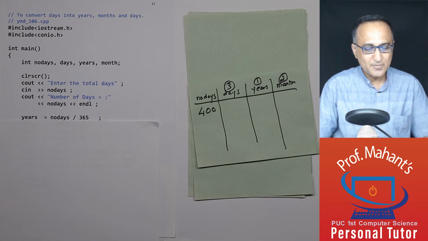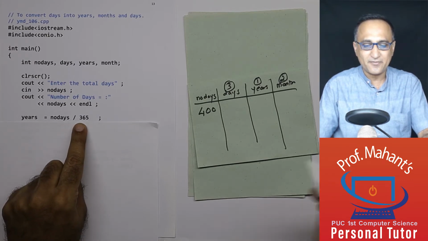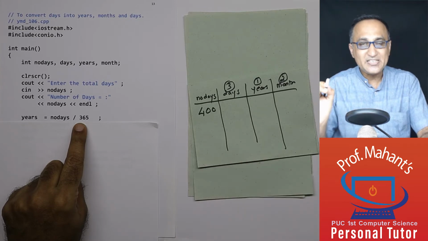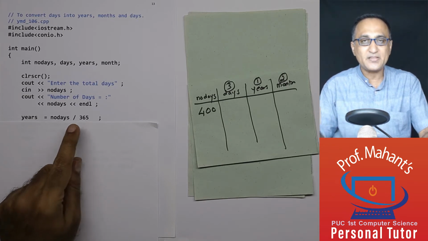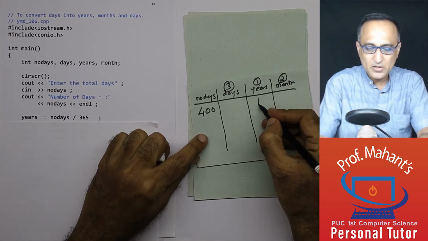So years is number of days divided by 365. I am talking about integer division. I am not worried about the fractional part. So 400 divided by 365 is 1, so the number of years now happens to be 1.